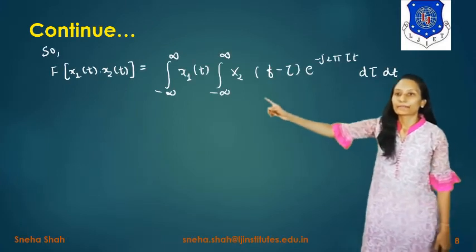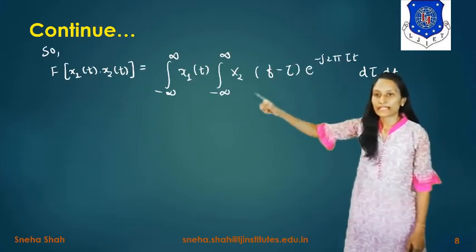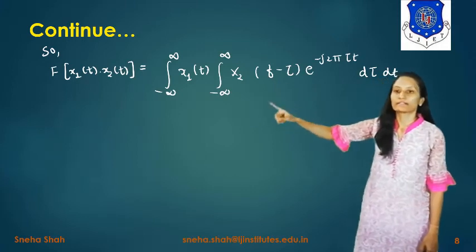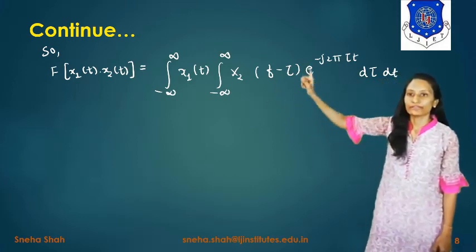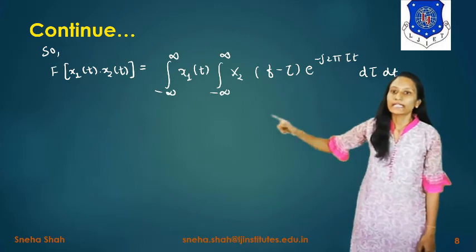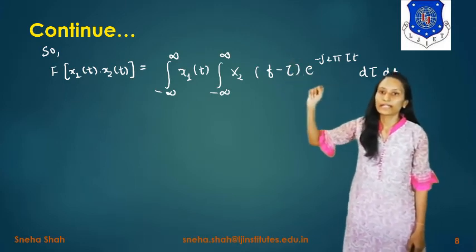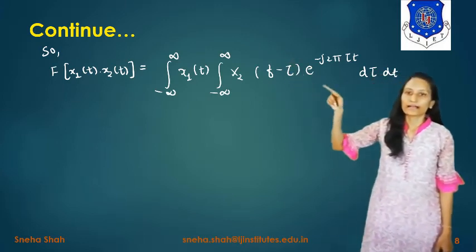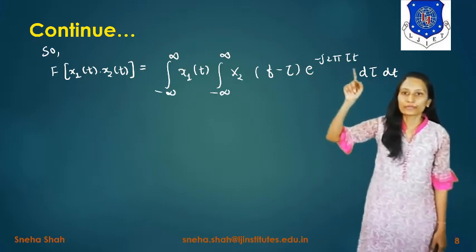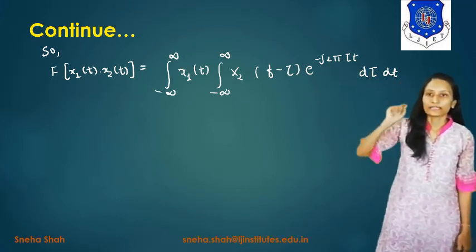So simplifying that term, the Fourier transform of x1(t) times x2(t) equals integration from minus infinity to infinity of x1(t), integration from minus infinity to infinity of X2(f minus tau) e^(-j2πτt) dτ dt.